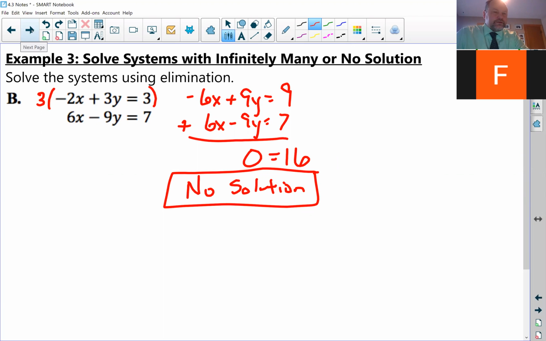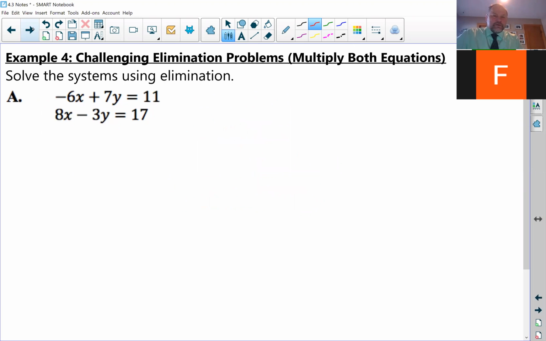All right. So we've had a couple different examples. We've had an example where we already had opposites, so we could just add and find the solution. We had an example where we had coefficients that were exactly the same, so we had to multiply by -1 and then add.